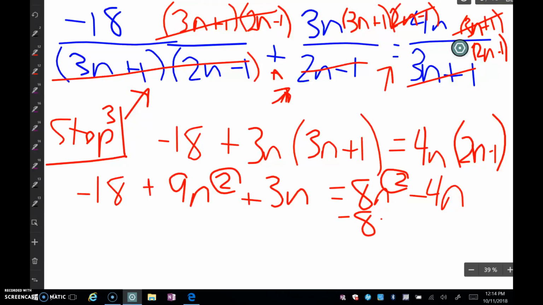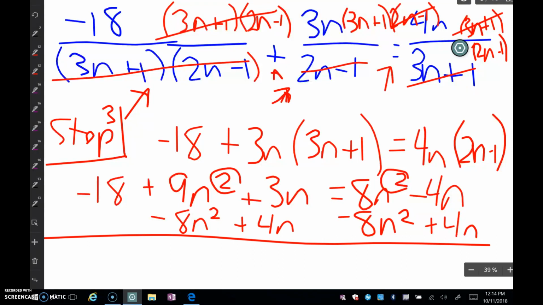So I'm going to bring my 8n squared over to the left. And I'm also going to bring my 4n over to the left. So see how I'm just adding the opposite. In other words, I want to make one side 0. So what I end up having here is negative 18 plus n squared plus 7n equals 0.